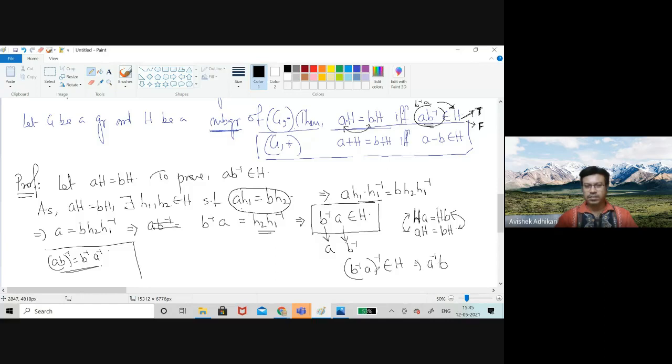So that means A inverse (B inverse) inverse, and that is B. So A inverse B belongs to H. That part we have done. Now, how to prove AB inverse?